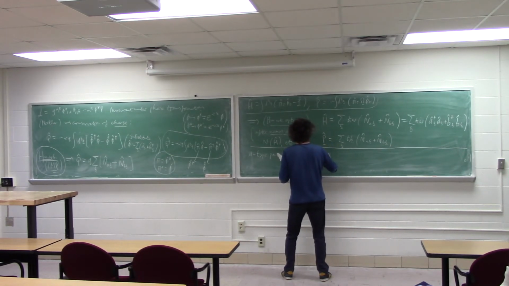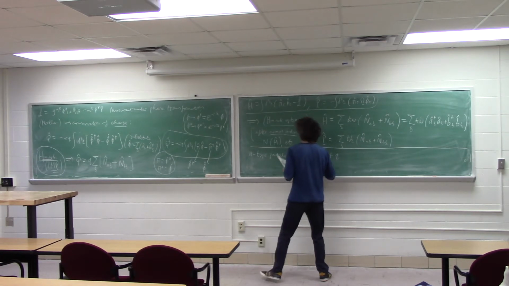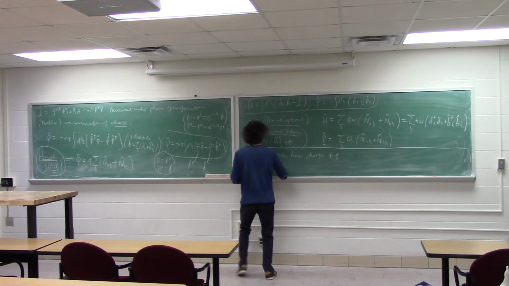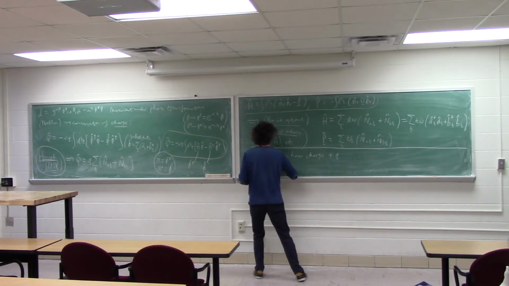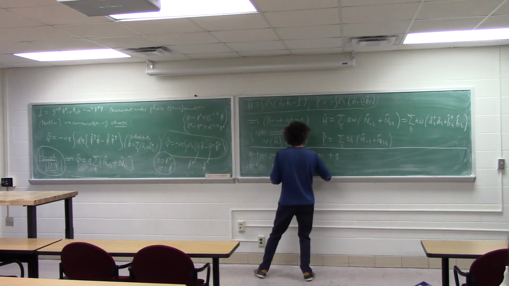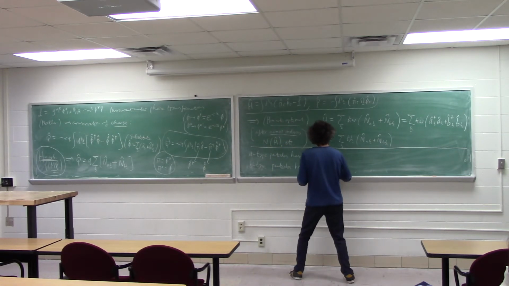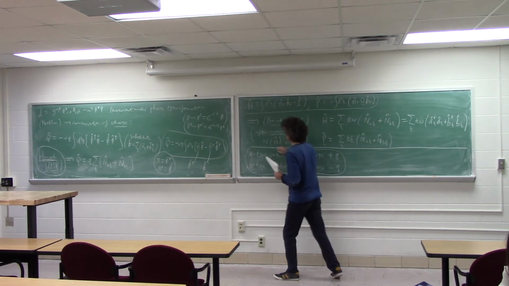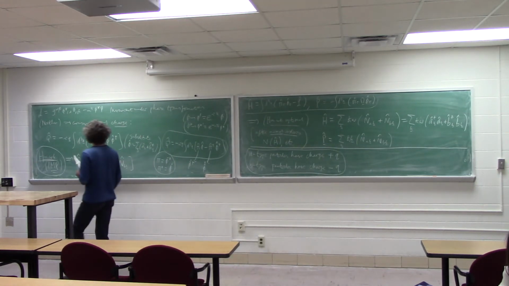Charge plus Q, whereas the B-type particles have charge minus Q. That is the interpretation of this.